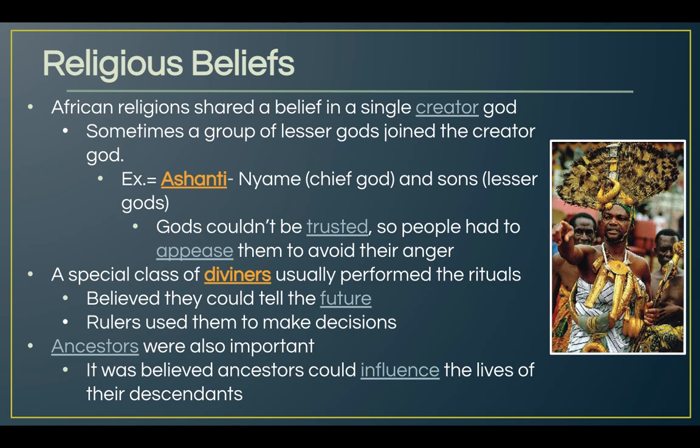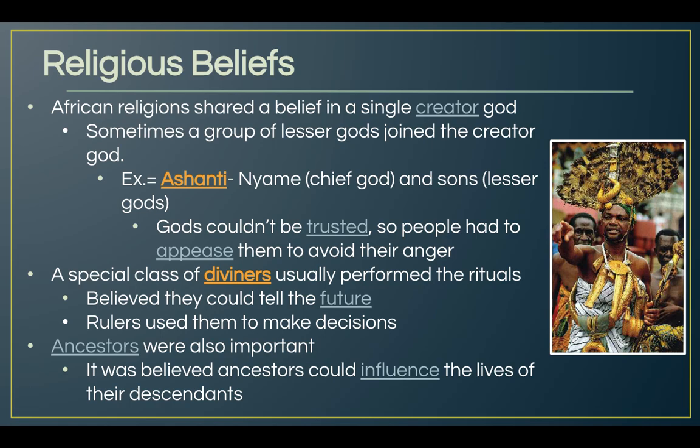A diviner would be similar to a priest. The diviners believed that they could tell the future, and rulers used those diviners to make decisions based on what they thought the future would be. It's like when the Greeks went to the Oracle of Delphi. Remember we talked about that. It was a very similar situation.